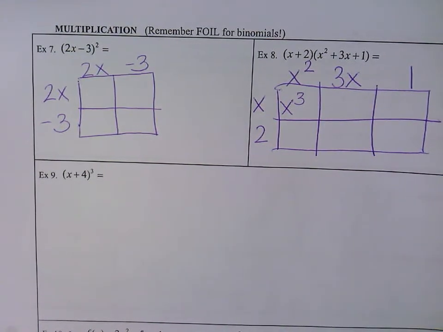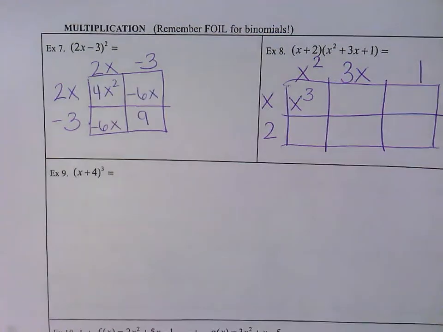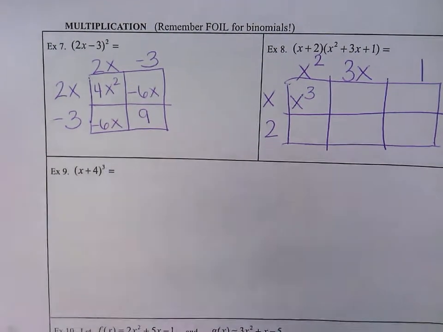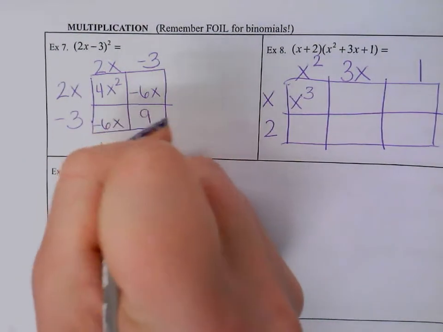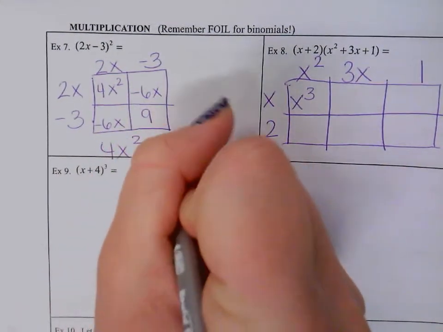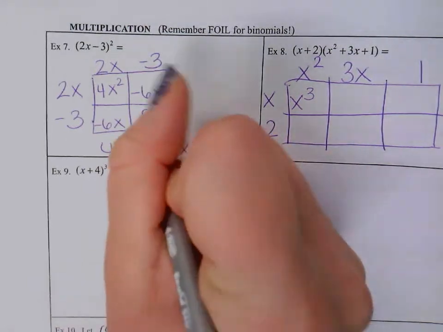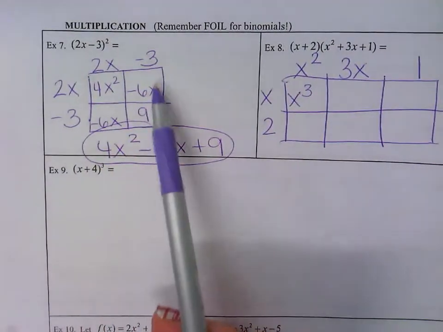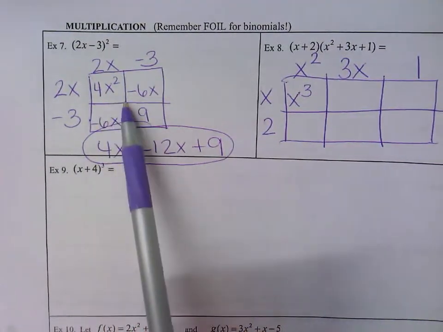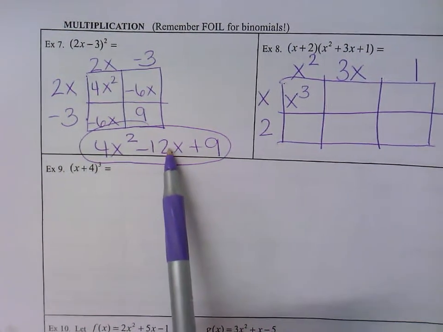So take a minute and try 7 and 8 multiplying on your own. Know how to write your final answer, right? Your final answer in standard form would be 4x squared minus 12x plus 9. So always take your box, combine your like terms, and actually write your final answer.